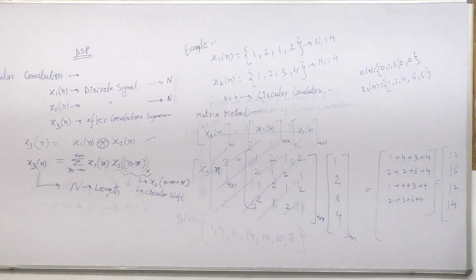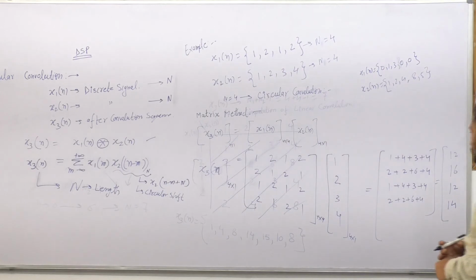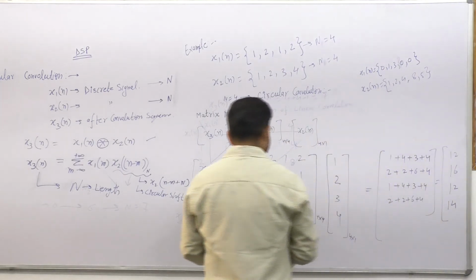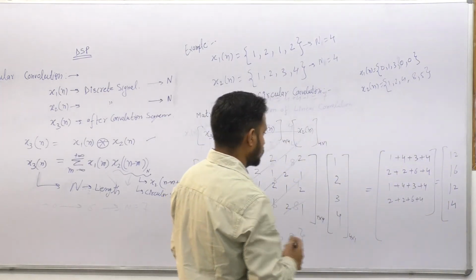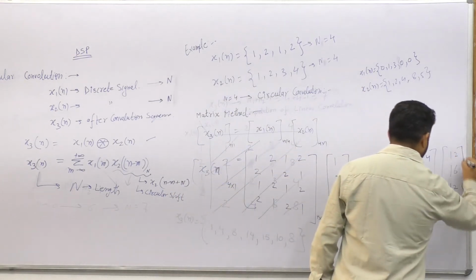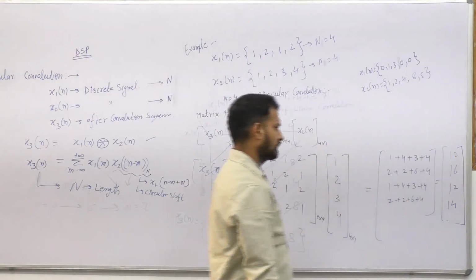Right? Next part is having 14. Right? So these are the values we are getting for n equals to 4.